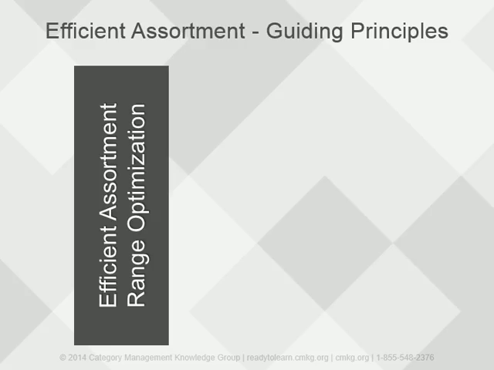Adding new items to the assortment or reducing items from the assortment is an ongoing process for retailers. This process can be referred to as efficient assortment, which fits within the category management framework. To be effective for a vendor or retailer, an assortment process needs to meet some key criteria to be successful.